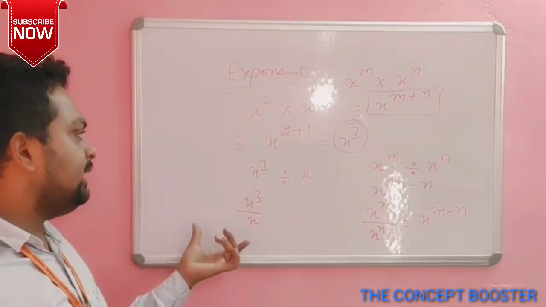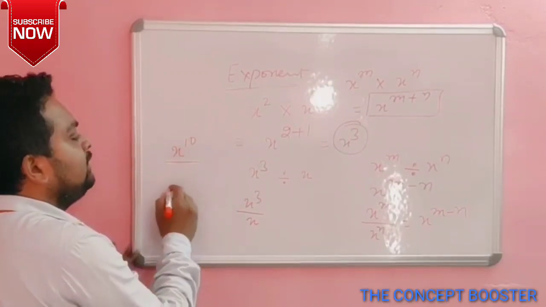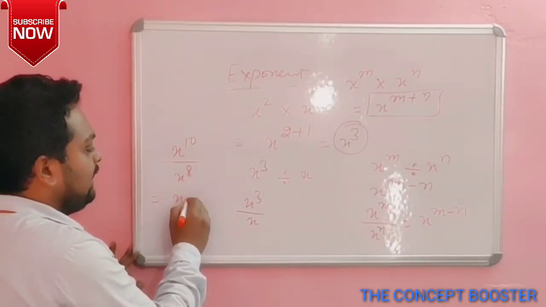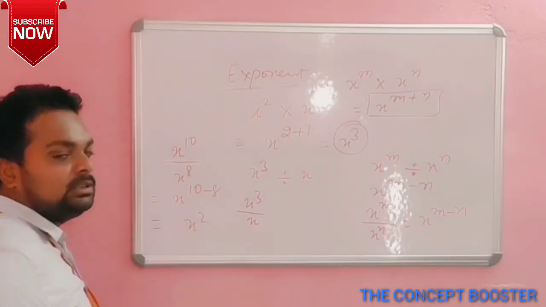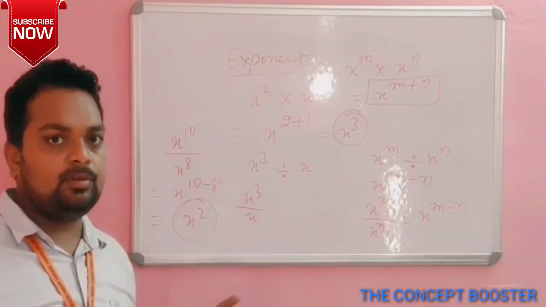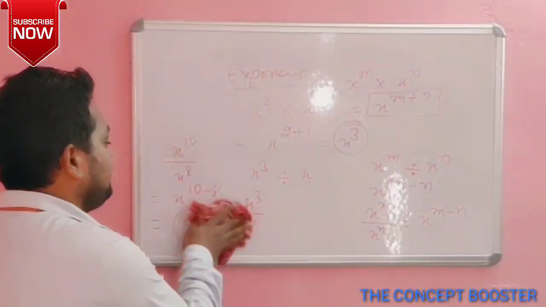So suppose it is x to the power 10 divided by x to the power 8, what will be the answer? x to the power 10 minus 8, that is equal to x square. Okay, this will help you a lot. This is the basic concept required for the multiplication and division of algebraic expressions.